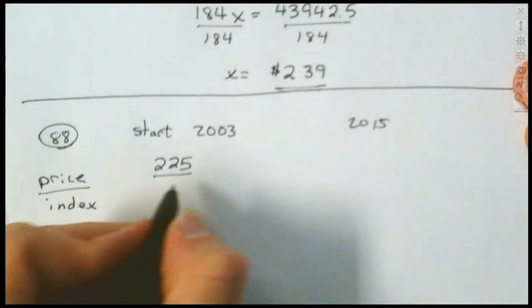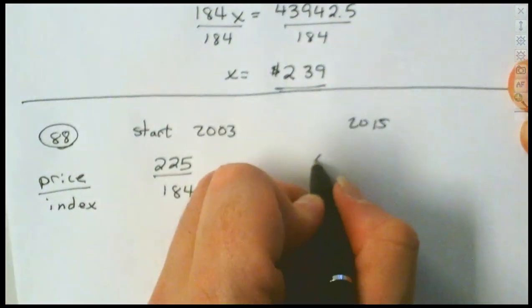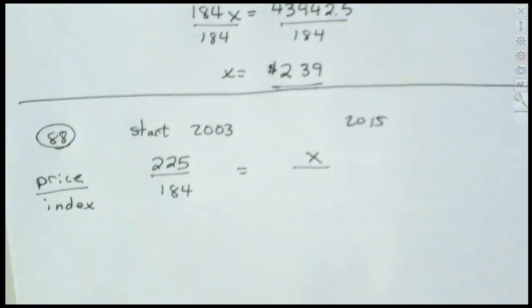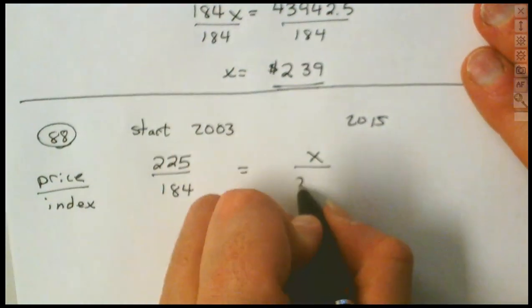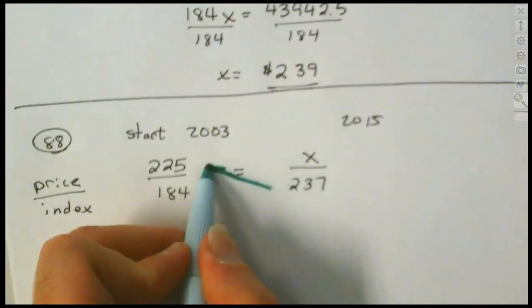Cost index was 184. In 2015, there's an unknown price for that new electric bill, but when we look up our index, it's 237. That's our index in 2015. Now we simply cross multiply, divide, and we are done.